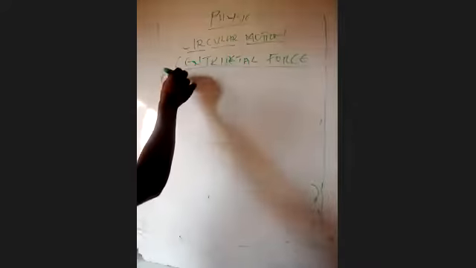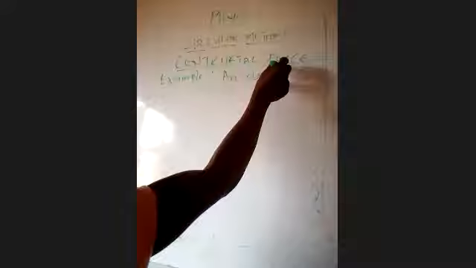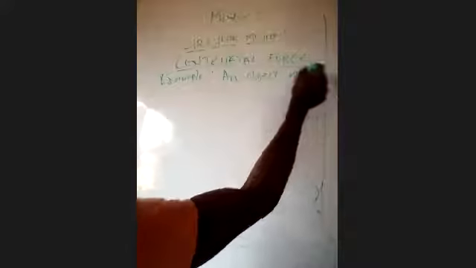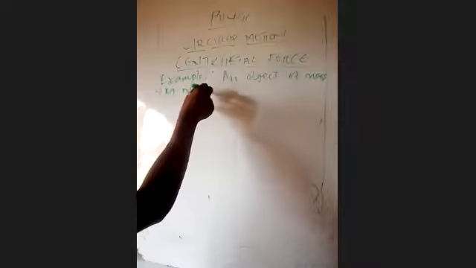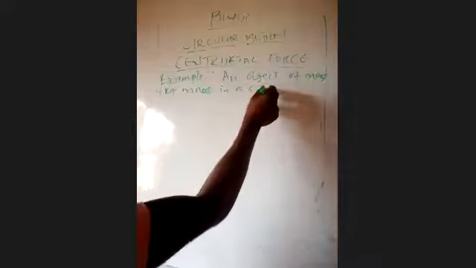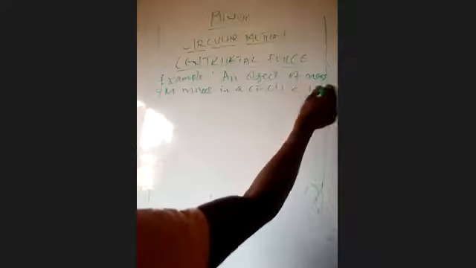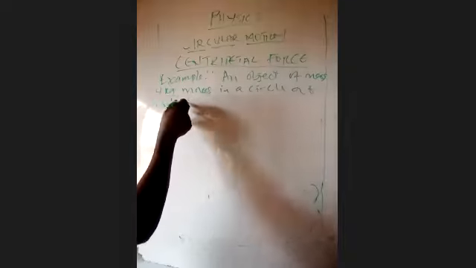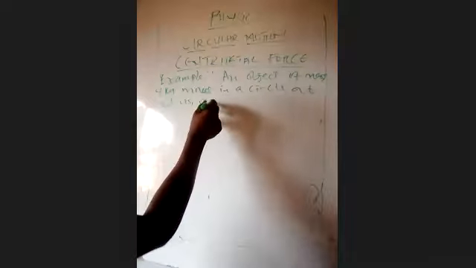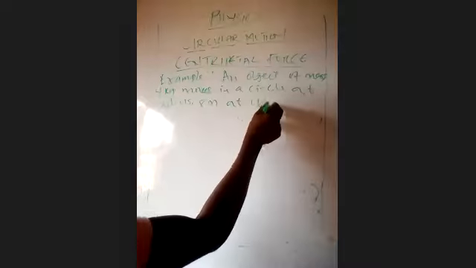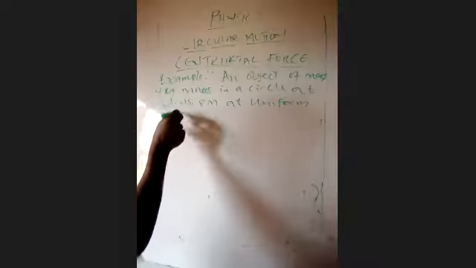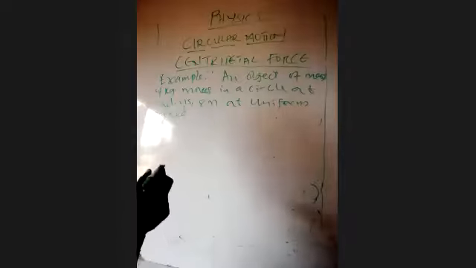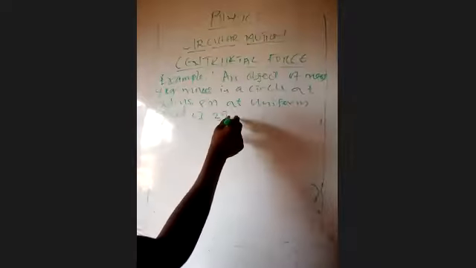Example. An object of mass 4 kg moves in a circle at radius 8 meters at uniform speed of 32 meters per second.